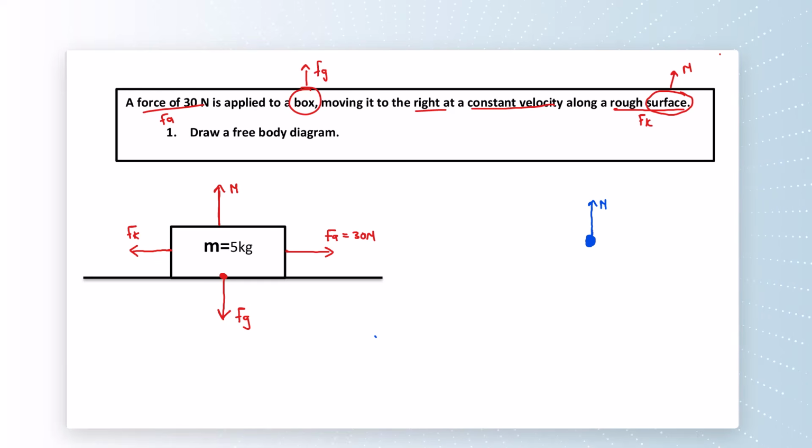There is the normal force. The gravitational force, or the weight, or the Fg. The applied force. And finally, the frictional force. That is your free body diagram.